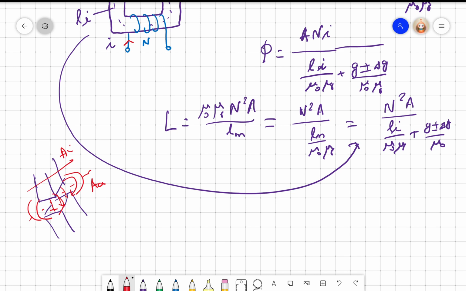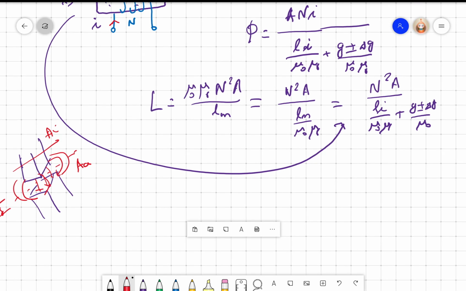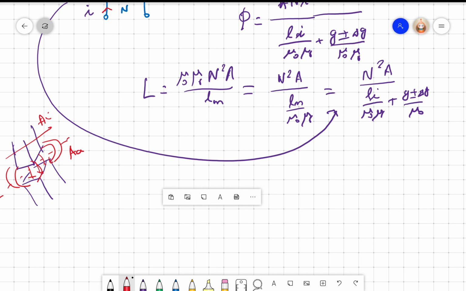But if I keep the gap small, I can get a very small amount of fringing, and in this particular case we simply do not take into account the fringing. We simply say fringing is negligible. Later, of course, we can take that non-ideality into account.